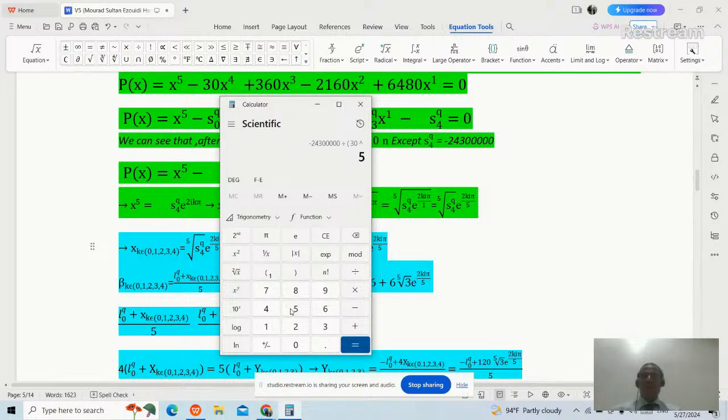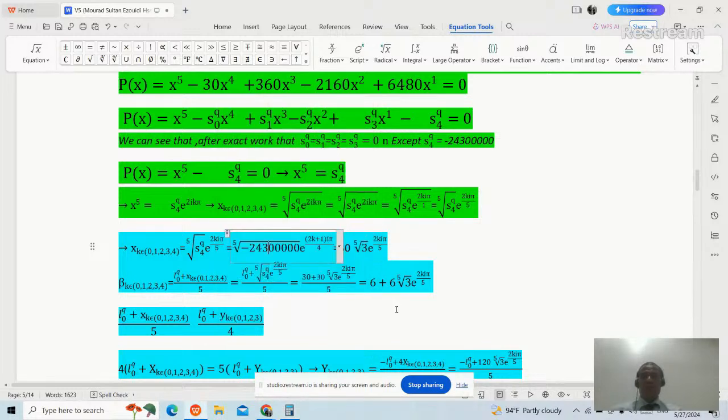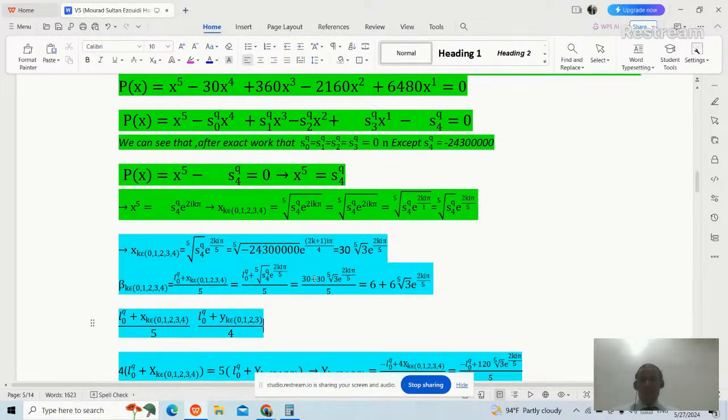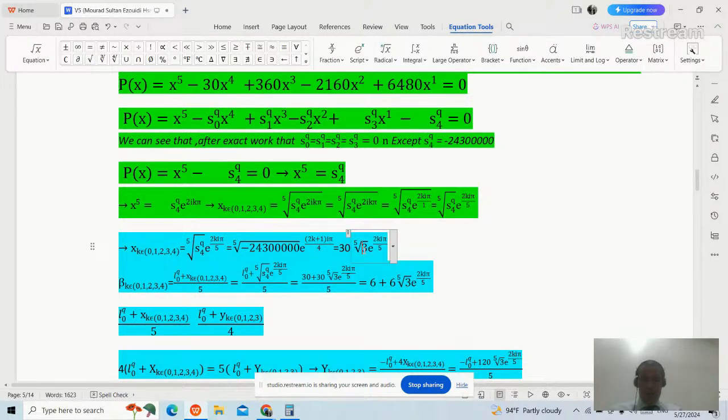I will see what the value is. Yes, it remains only 5. Therefore, I will write here, learners, it will be 30 times the root of 5.